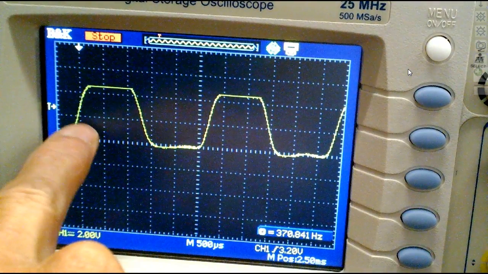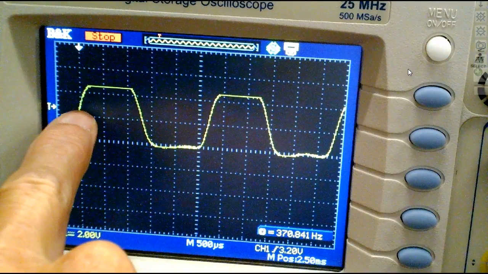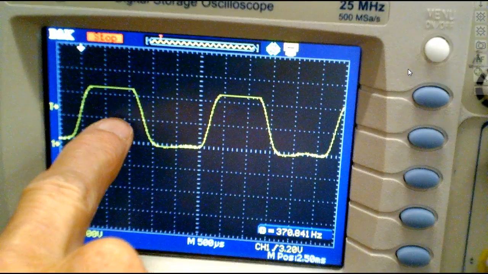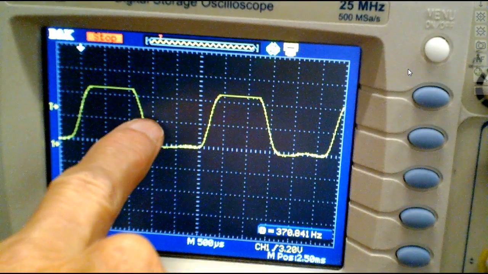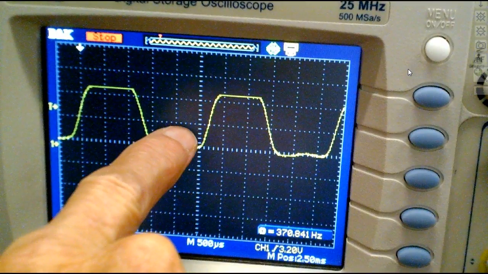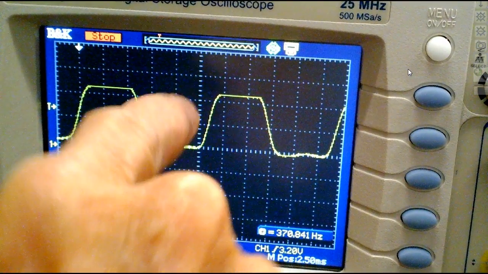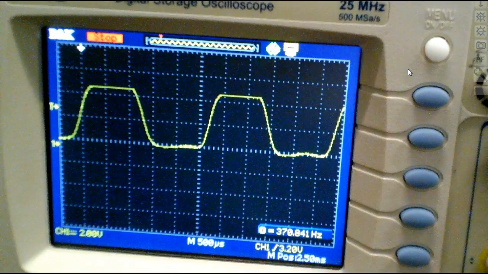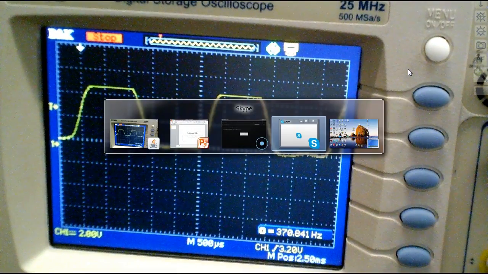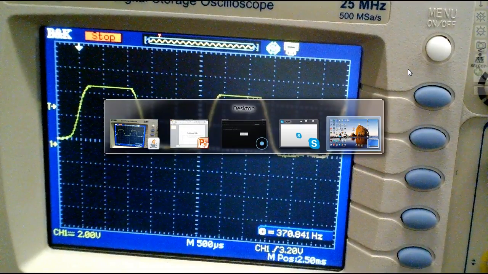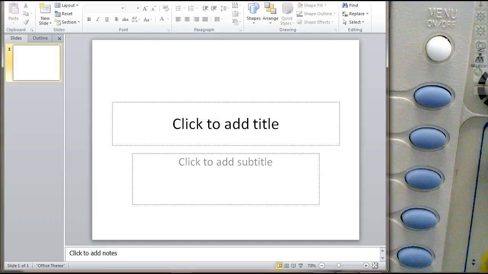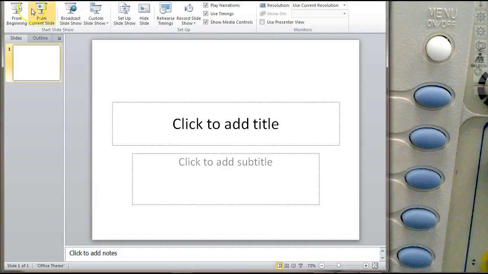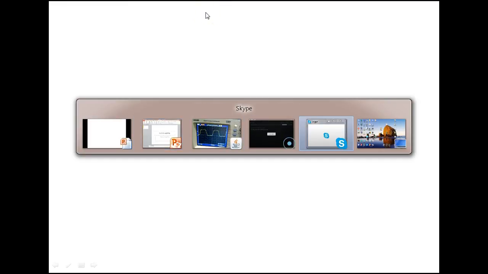And then how many divisions do I have? We start right here where it crosses. I have 1, 2, 3, 4, 5 and a half divisions. So how fast is the motor running? You said each one of those waves, each cycle.